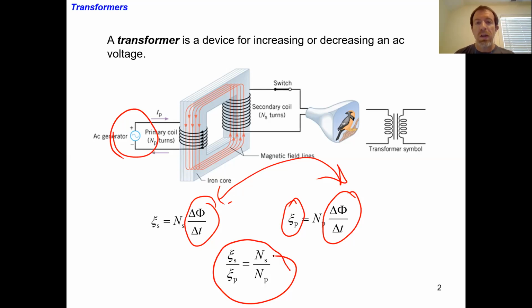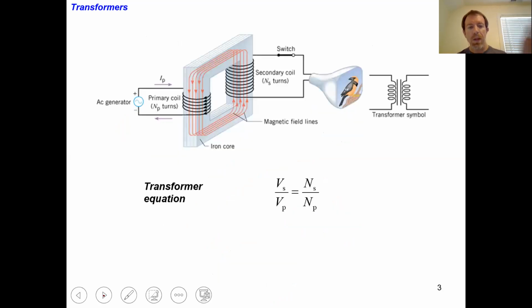It'd be increasing if we've got a step up transformer. It'd be decreasing if we've got a step down transformer. So there's our transformer equation. It relates the voltage in the secondary to the voltage in the primary, when we know the number of turns in the secondary in comparison to the number of turns in the primary.